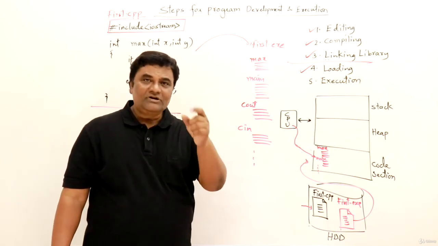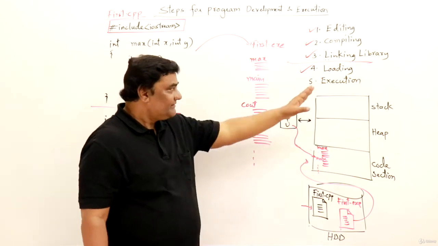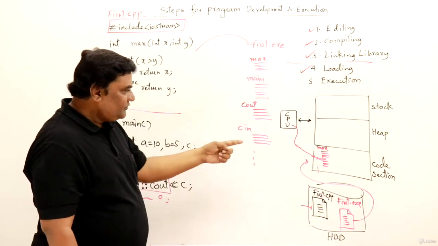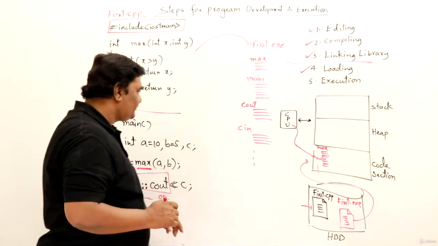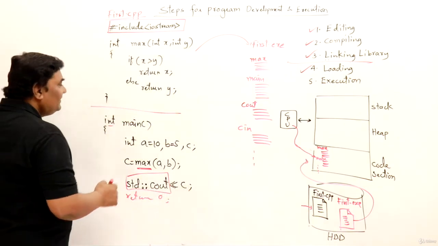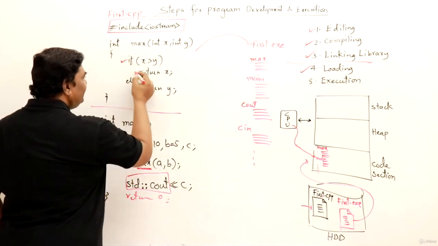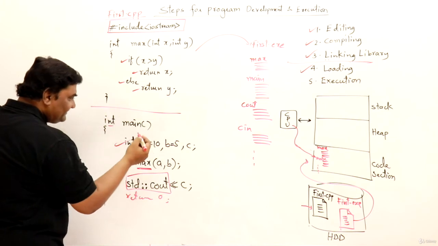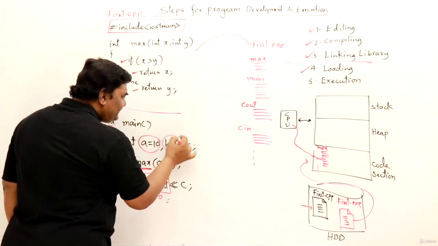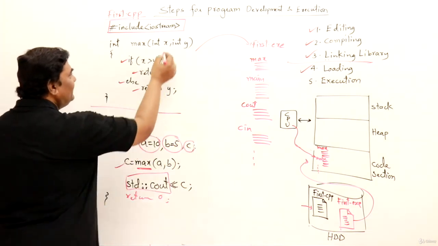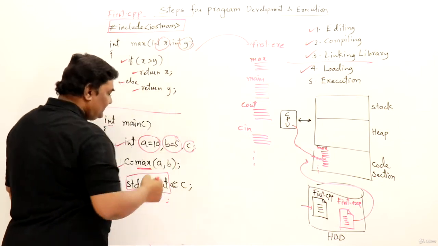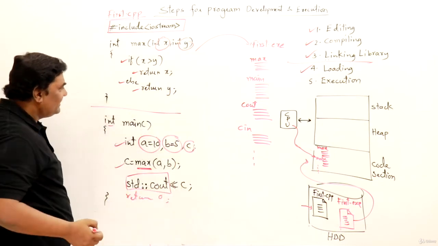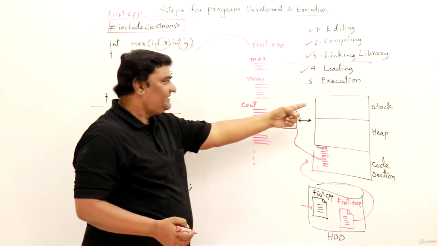Now, a little bit more about the execution. Last step I am showing you. Once the CPU is given the address, it will start executing. If you look into the program, all these are instructions, but this A, B, C is a data variable. X, Y are variables. Now for variables also space should be there.